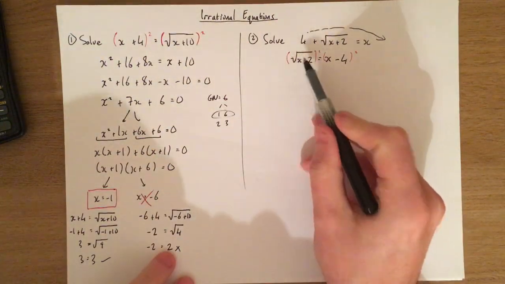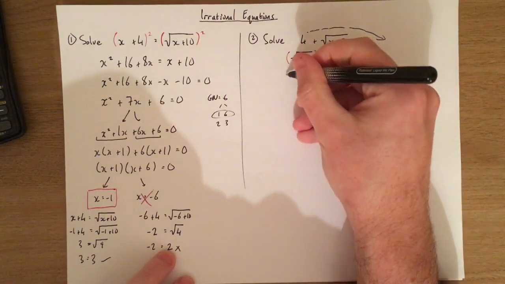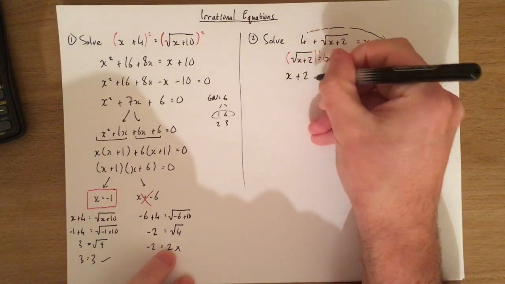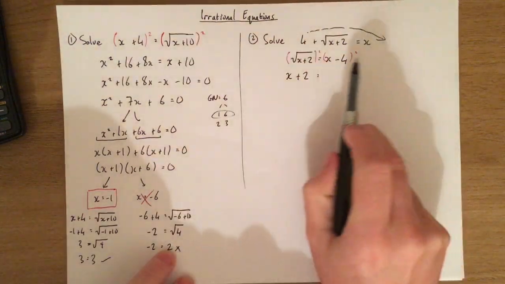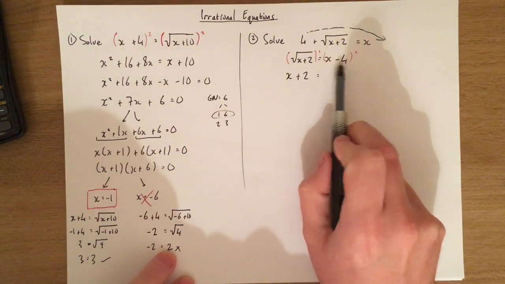Left hand side, the square root of x plus 2 squared, the square root and the squared cancel each other out, so you're just left with x plus 2 equals, and don't forget you're squaring the entire right hand side, so you're squaring that bracket.